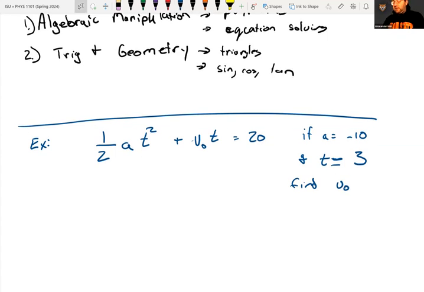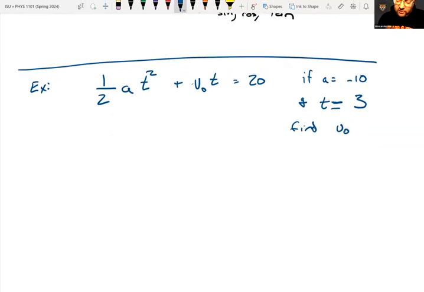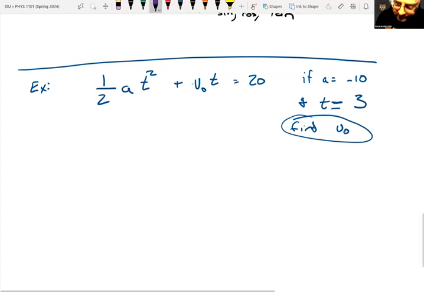Okay, so that's something you might need to do. You could do this a number of different ways. Another thing you might be asked to do is find v naught without the numbers. If you can find v naught without having these numbers, finding it with the numbers becomes a lot easier. So you've got 1/2 a t squared plus v naught t is equal to 20, and I want to solve for v naught.